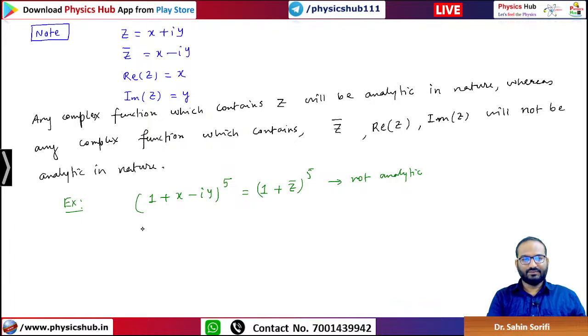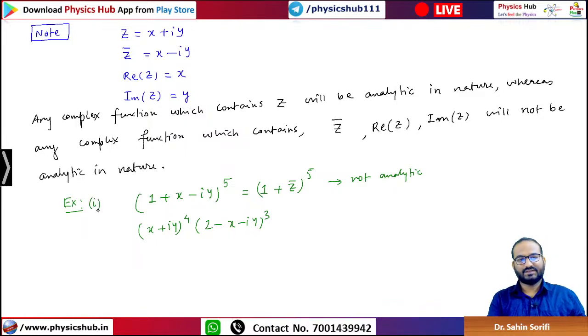Now if I give you, let's say, x plus iy to the power 4 times 2 minus x minus iy cube, will it be analytic or not? These are complex functions.